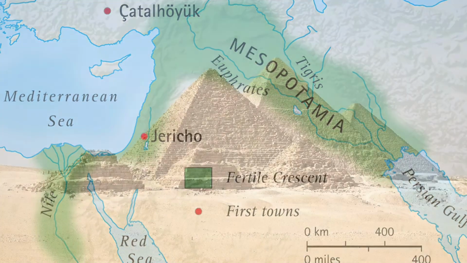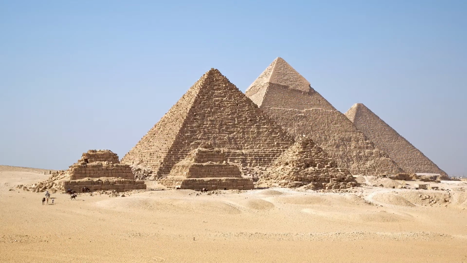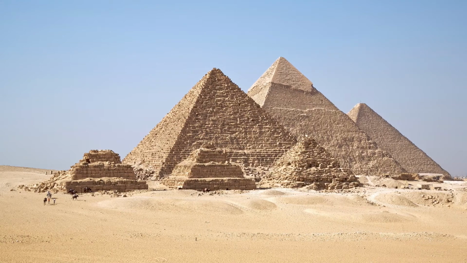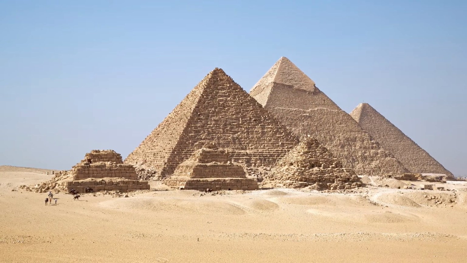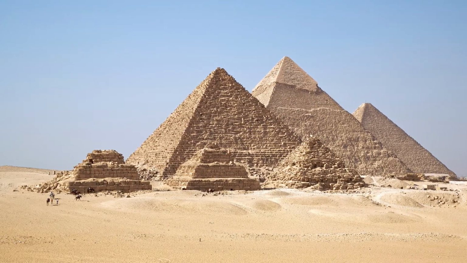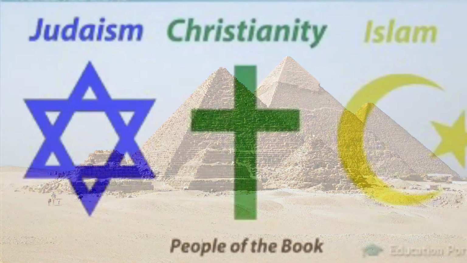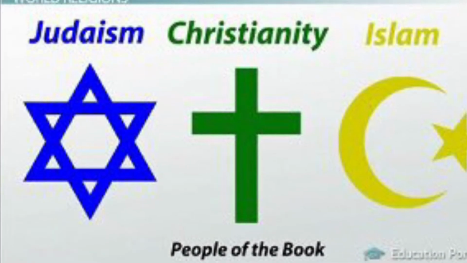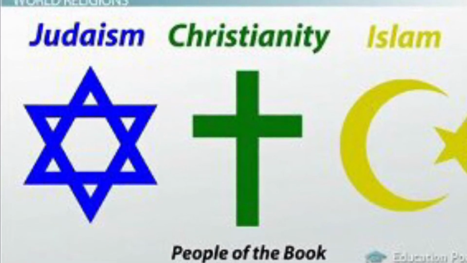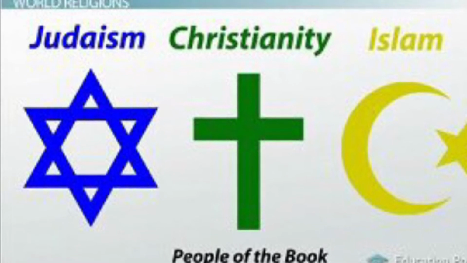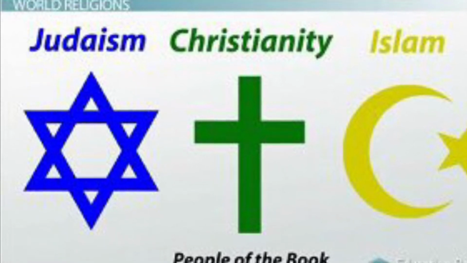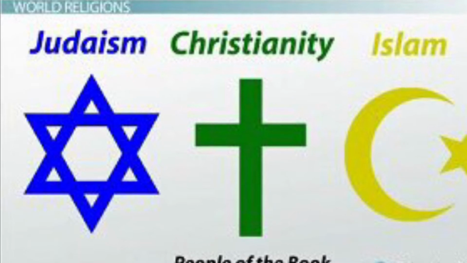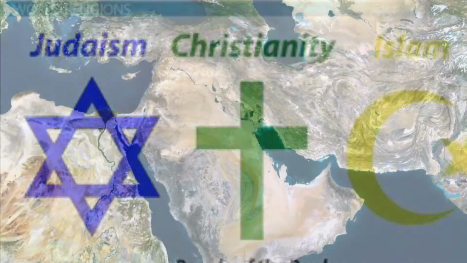Added to that, we get people like the Sumerians, the Egyptians, the Babylonians, all coming out of the Middle East. And also, the three monotheistic faiths of the world, Judaism, Christianity, and Islam, all have their roots in this region. Judaism and Christianity in Israel, and Islam in Saudi Arabia.